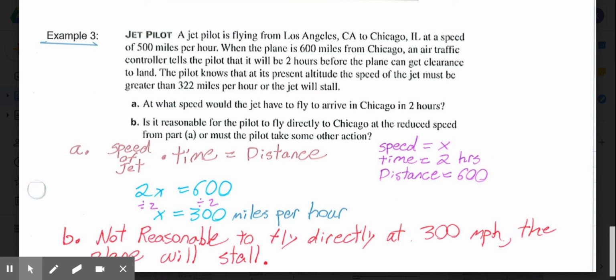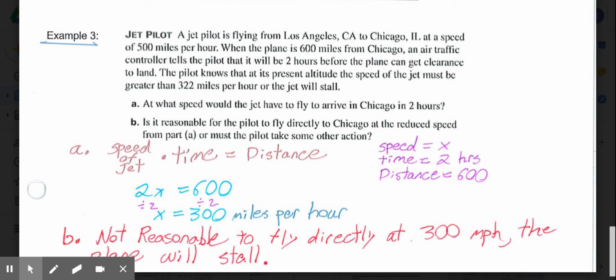The pilot knows that at its present altitude and speed, the jet must be greater than 322 miles per hour, or the jet will stall. So part A says, at what speed would the jet have to fly to arrive in Chicago in 2 hours?